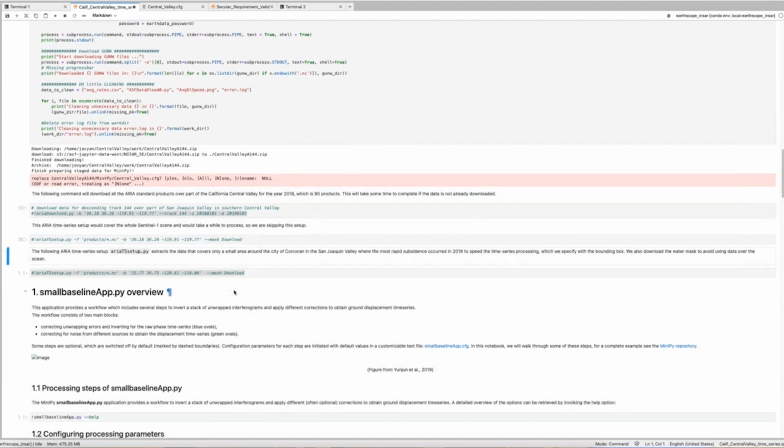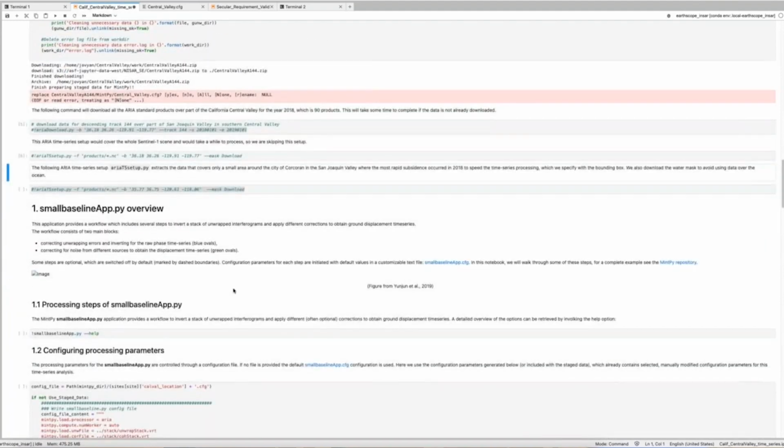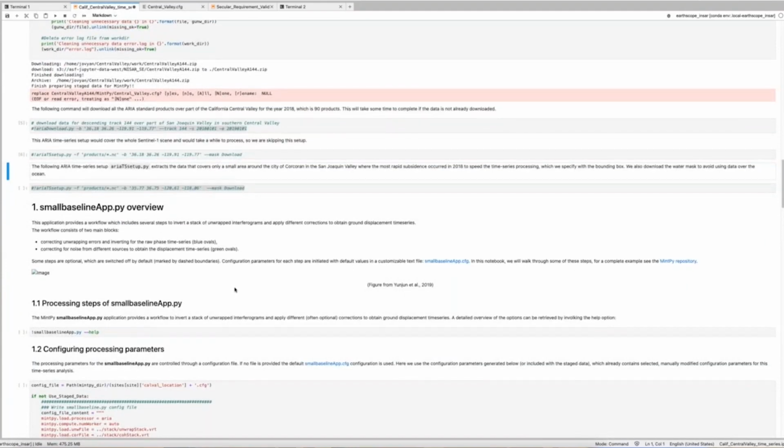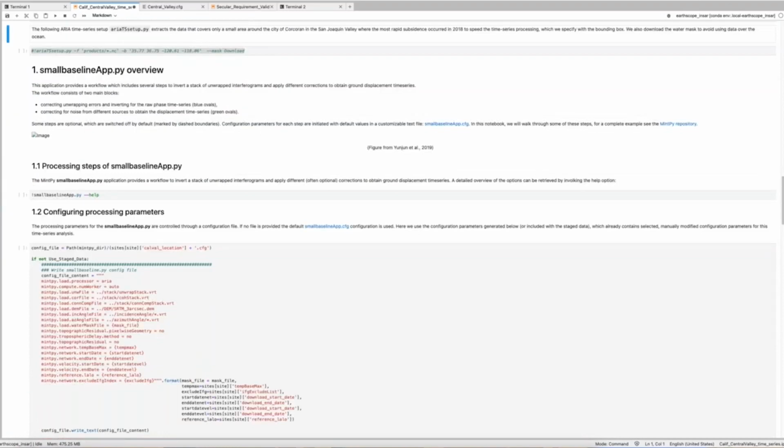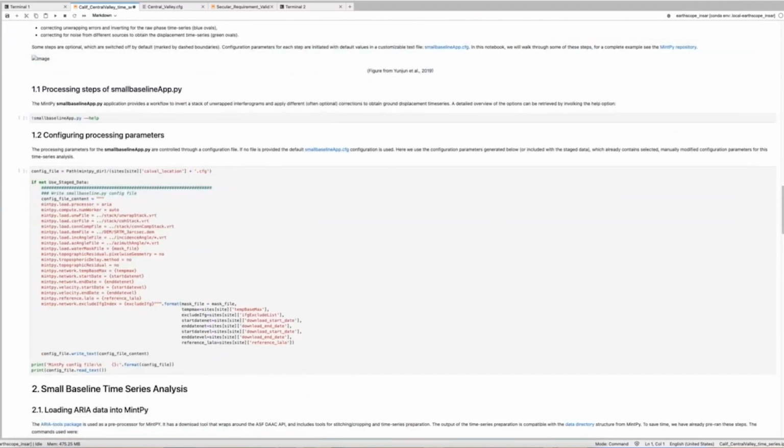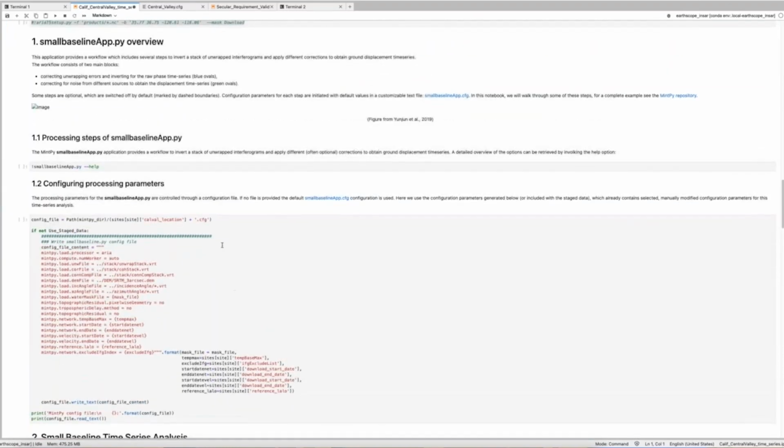And there's a total of 90 scenes, 90 interferograms processed in the ARIA geocoded unwrapped interferograms for that time interval.